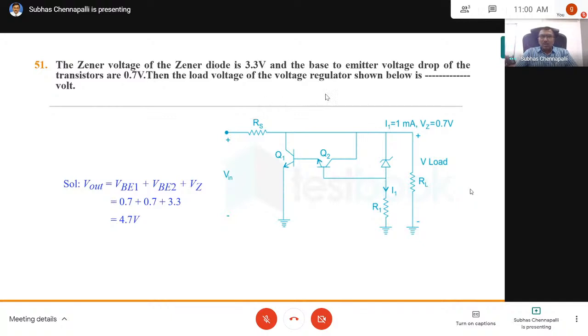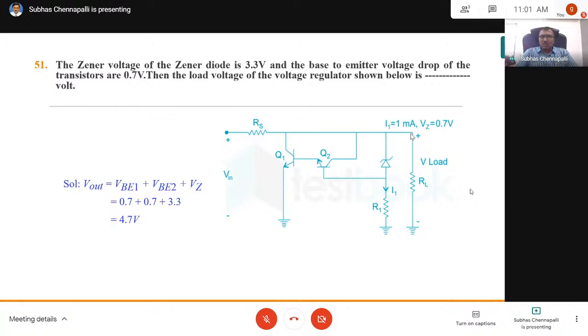If we want to know what is the voltage here, I mean Zener voltage plus this voltage. So what I do, for this V out, I go like this.